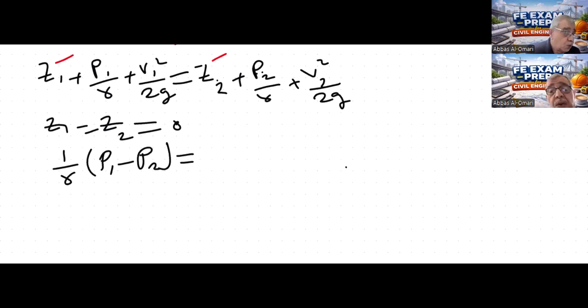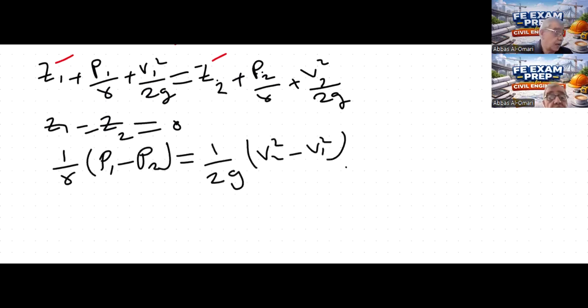I will take 1 over 2G out, so I have V2 square minus V1 square. Now in this equation, P1 minus P2, the pressure difference, is known.